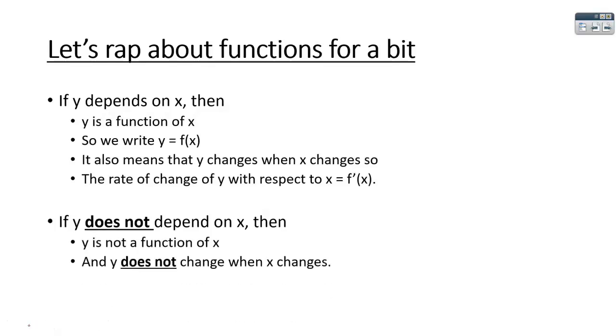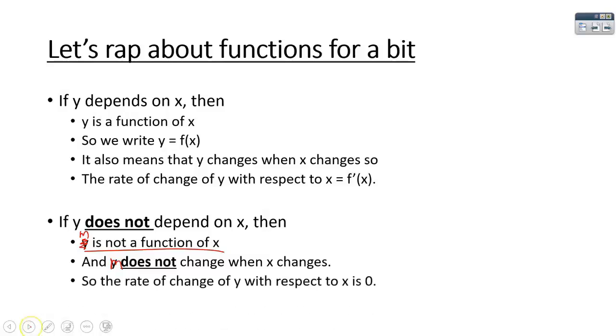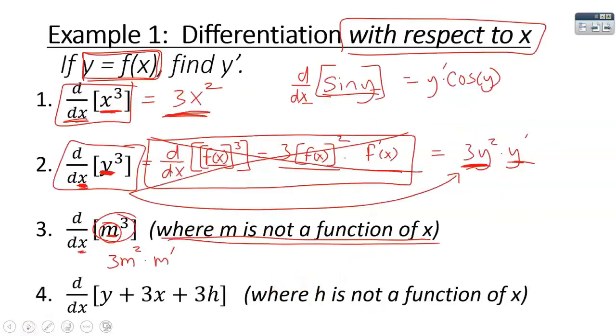So if y is not a function of x, or in this case m, if m is not a function of x, then that means that m does not change when x changes. And that means that the rate of change of m with respect to x is 0. In other words, m prime, the rate of change of m with respect to x, is 0. So, keeping that in mind, let's go back to where we were.